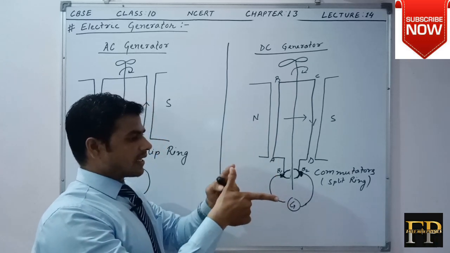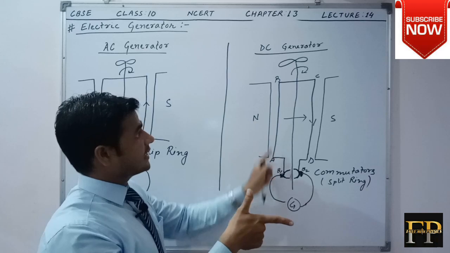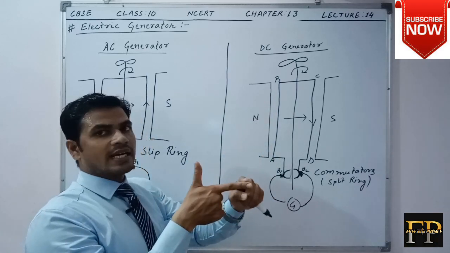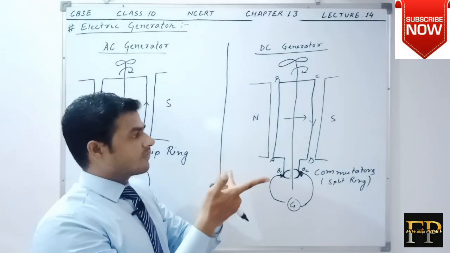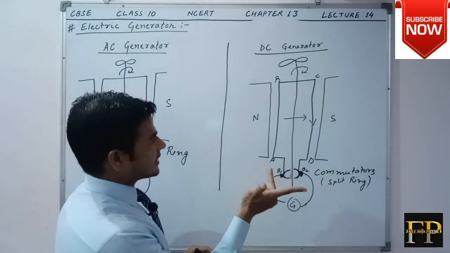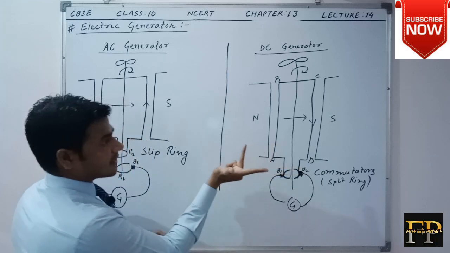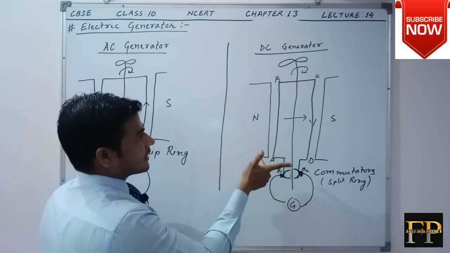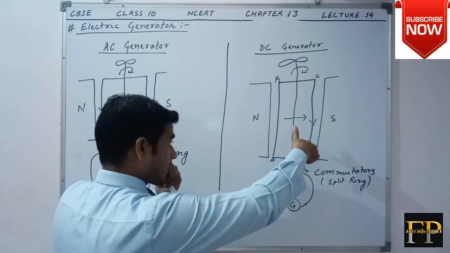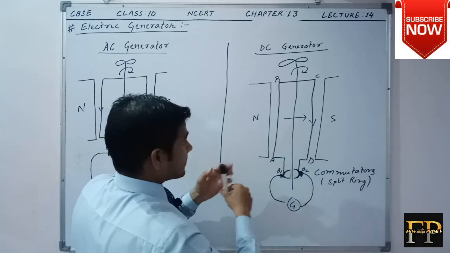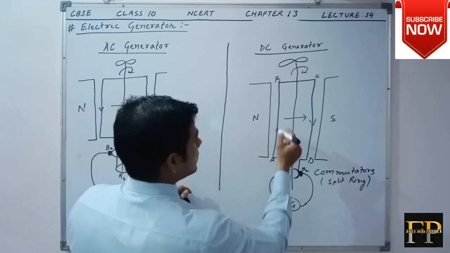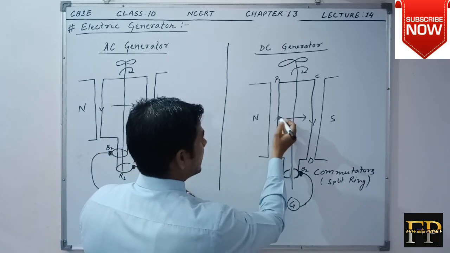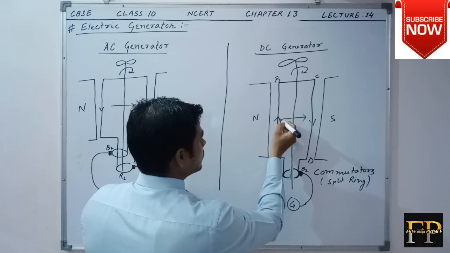So this is the direction of motion of side AB, and this is the direction of the magnetic field. Then my middle finger will give the direction of current. It means the current flows from A to B.